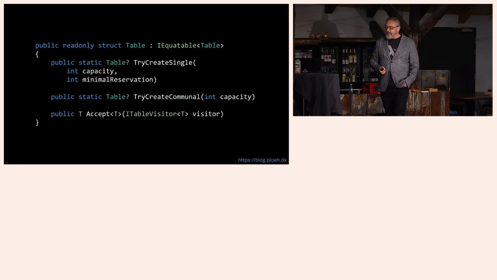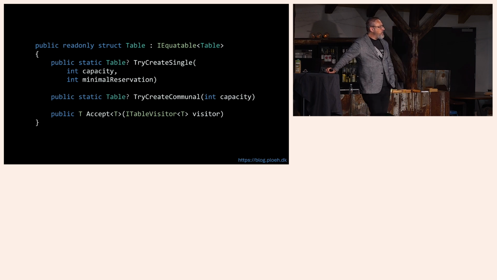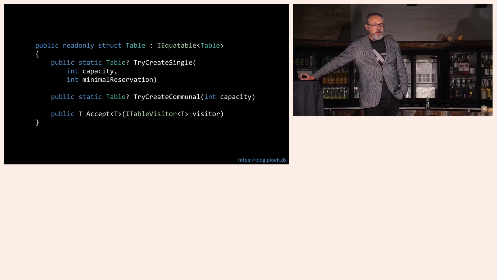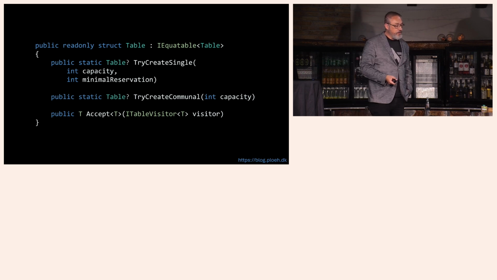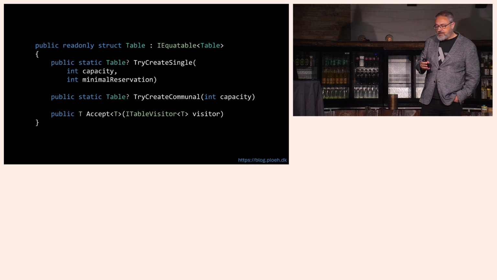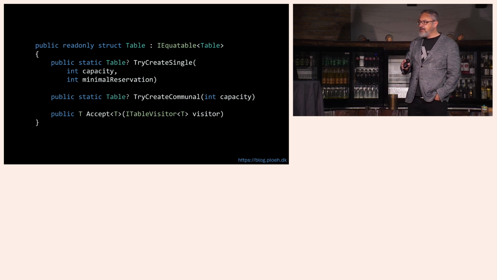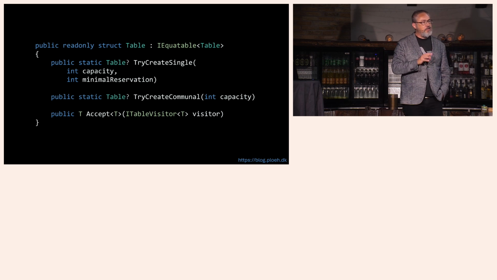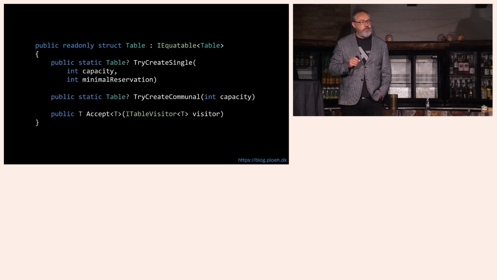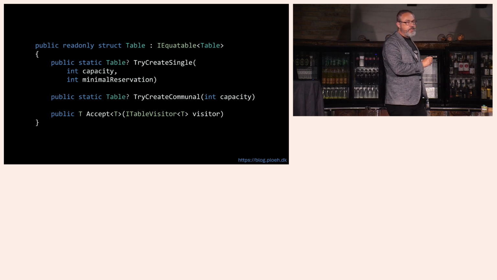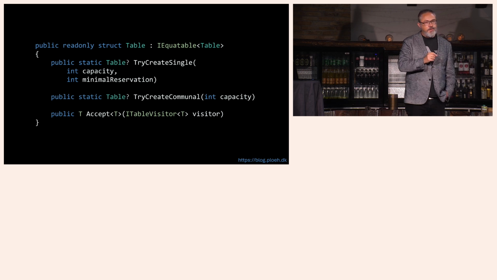So the domain model, I basically just retain the same domain model as I had before in the ports and adapters architecture example. This is, again, my visitor design pattern-based discriminated union. But before we move on, I want to ask you to consider just how opaque this kind of design is. And I mean opaque in the sense that you know that a table is either a communal table or a single table. If it's a communal table, it has a capacity. If it's a single table, it has a capacity and a minimal reservation.